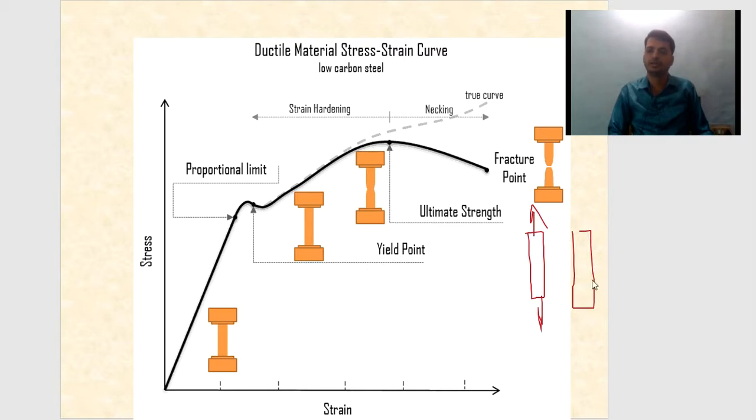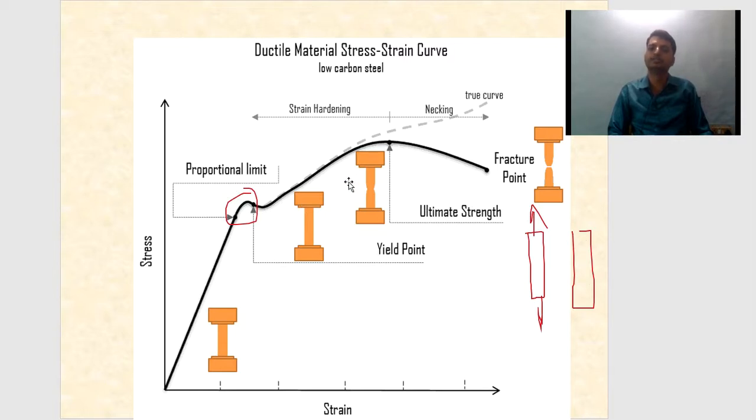That is called the yield point. Here, if I release the load, it can't come back to the original position. Before that, if I release the load, it may come back to the original position. That is the proportionality limit and yield point.